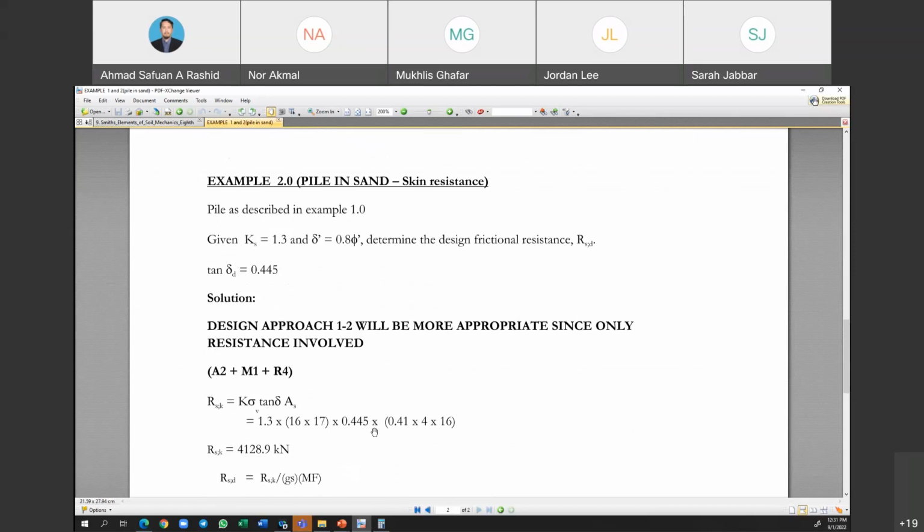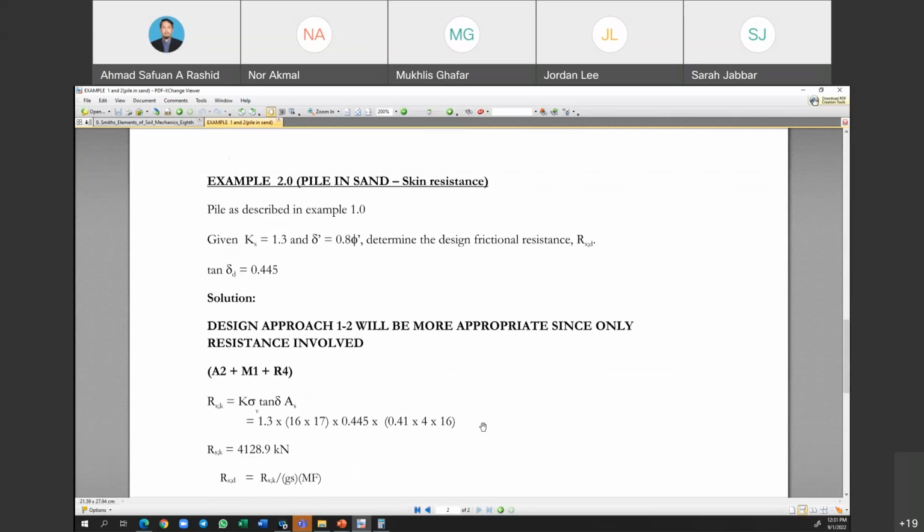So 0.05 times 0.41 times 4 times 16. Actually, we should have the limiting value, which is 15D.